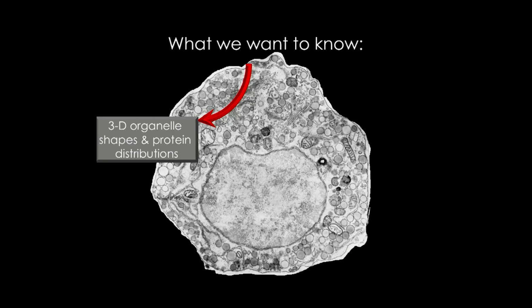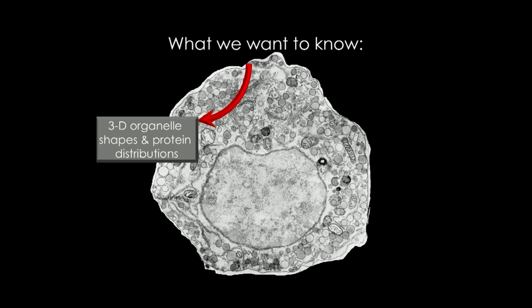What we want to know is more information about the three-dimensional organization of these organelles and how proteins are dynamically distributed. That's one thing we want to know, and I'm going to be talking about other layers of information that we're now beginning to get in terms of the organization of this system, thanks to high-end microscopy technology. So let's start with the 3D organelle shapes.